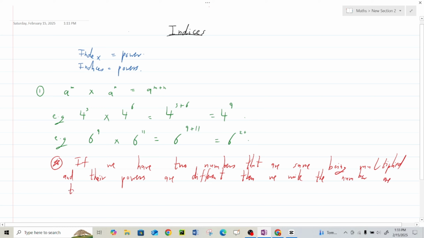Write the number one time and add the powers.